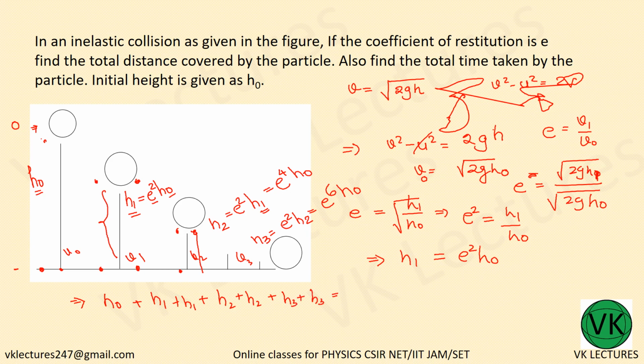Now that is equal to h naught plus 2h1 plus 2h2 plus etc. Can you explain how you write this h naught plus h1 plus h1 plus h2 plus h2? I didn't get that.